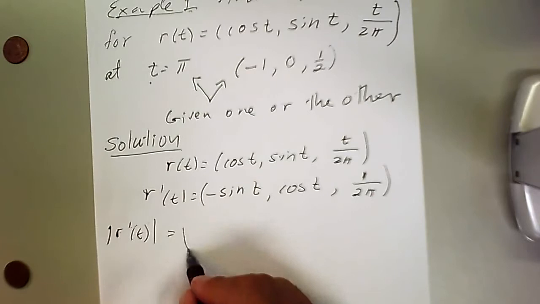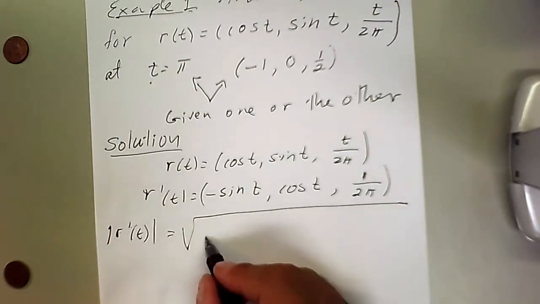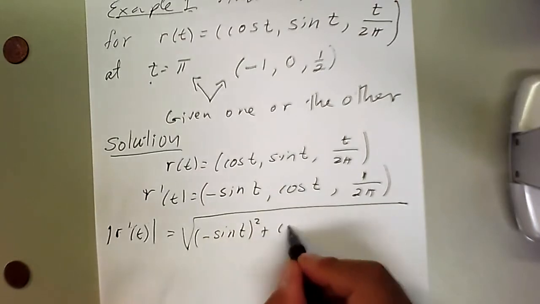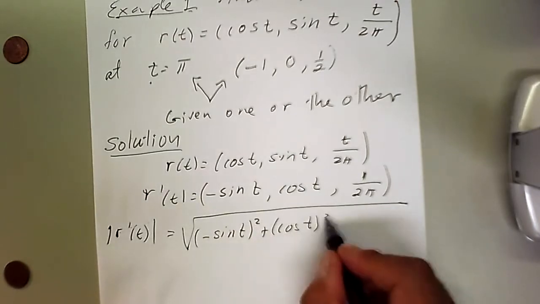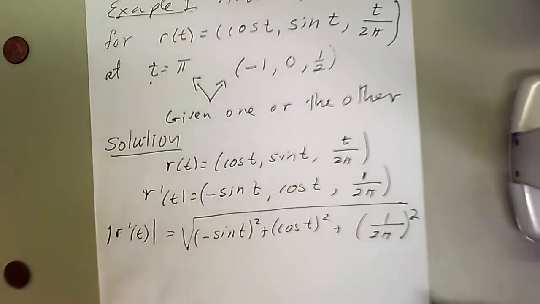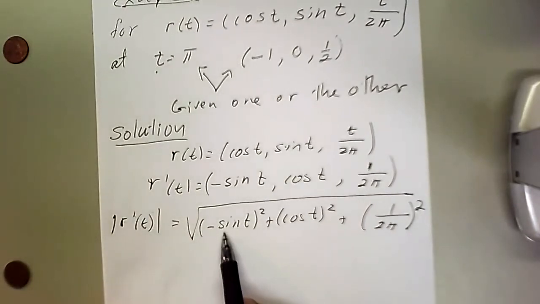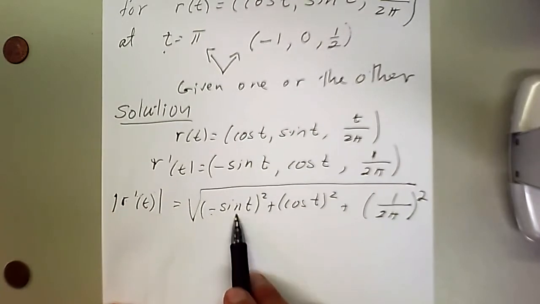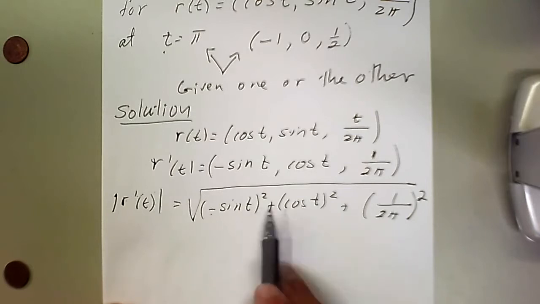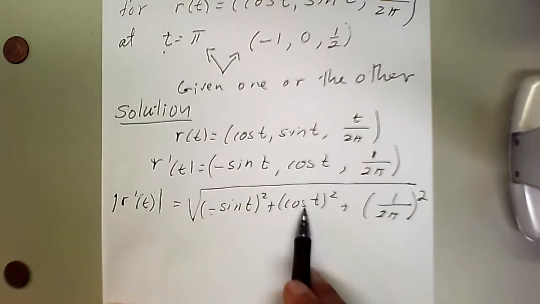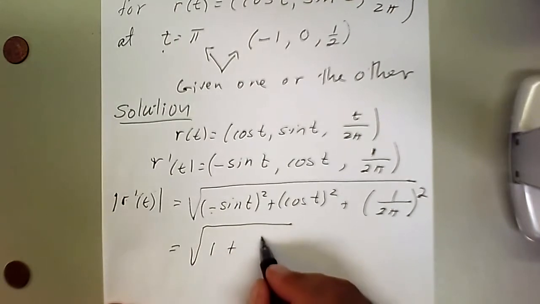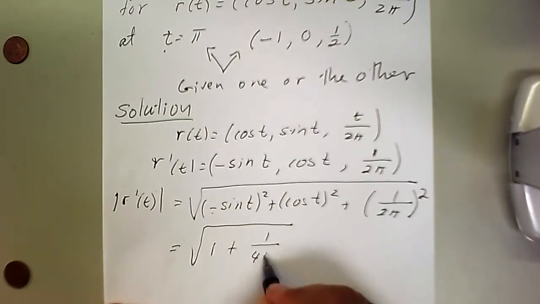That is going to be the square root of negative sine of t quantity squared plus cosine of t quantity squared plus 1 over 2 pi quantity squared. Here, the negative will vanish after we square. So sine squared plus cosine squared of the same angle gives us 1. So we have 1 plus 1 over 4 pi squared.